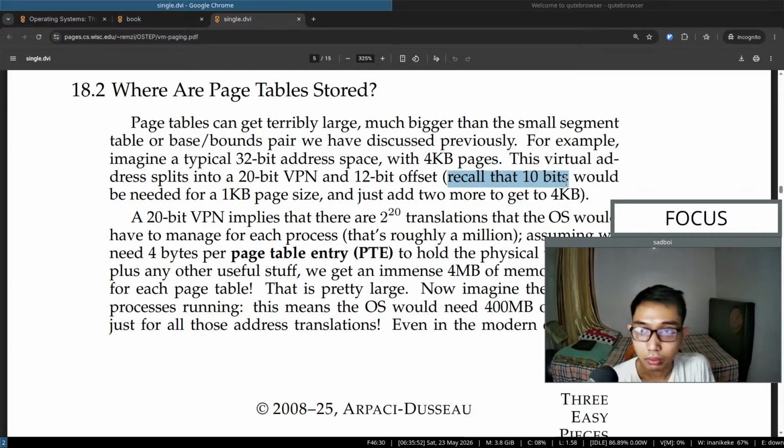Recall that 10 bits would be needed for 1 kilobyte page size, and just add 2 more to get to 4 kilobytes.